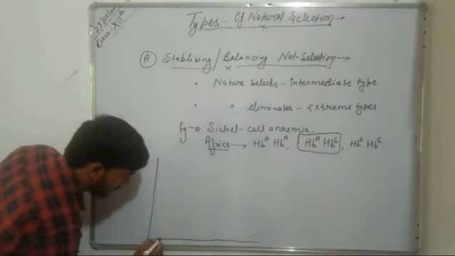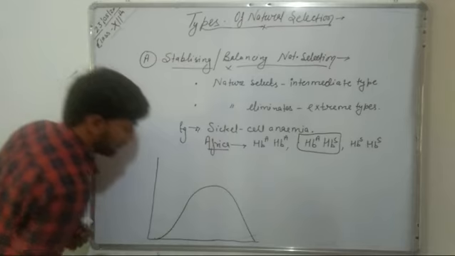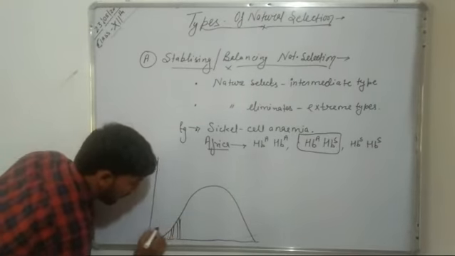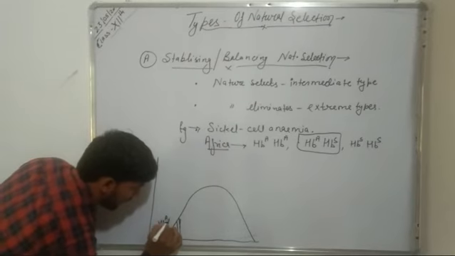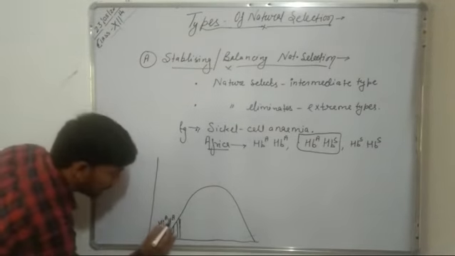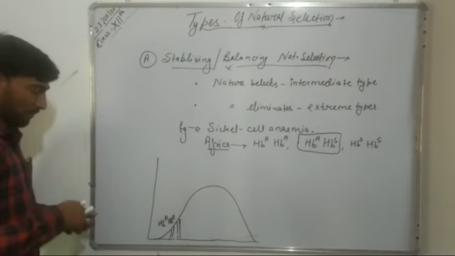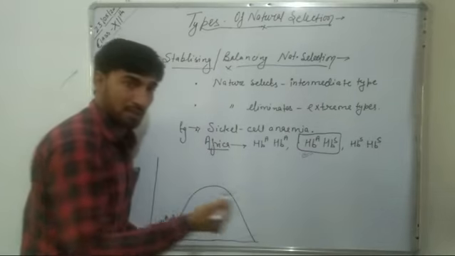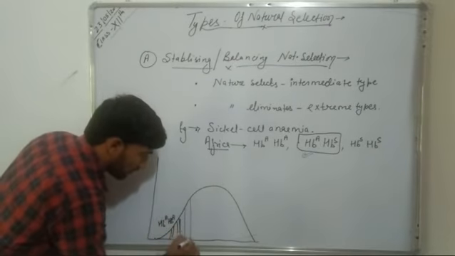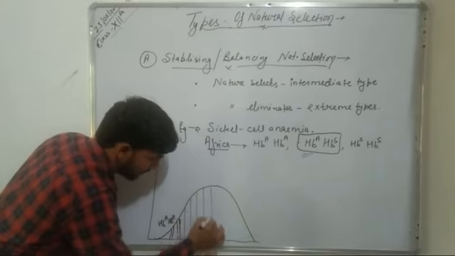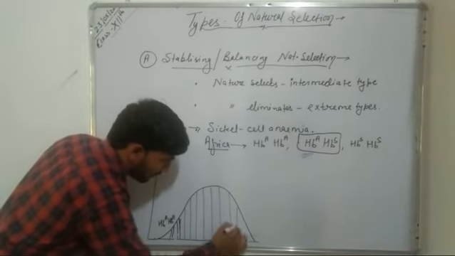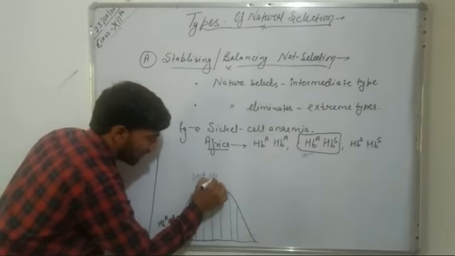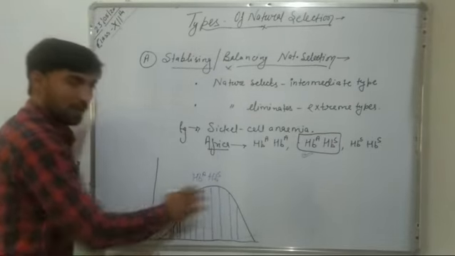So if we draw a graph here, this will be the graph. In this graph, here are the organisms which have HbA and HbA as genotype. Now nature is selecting the intermediates, so they will be largest in number, and the persons having HbA and HbS are selected by nature, so they are large in number.